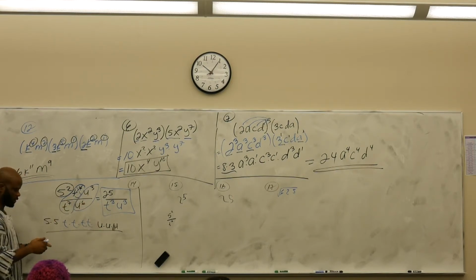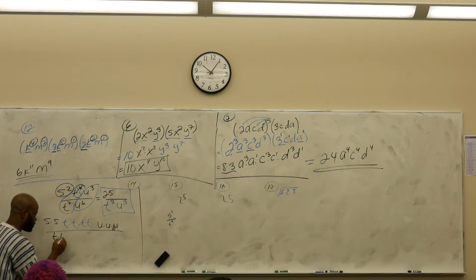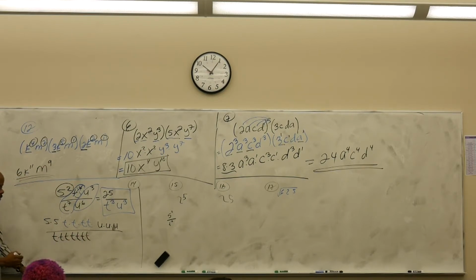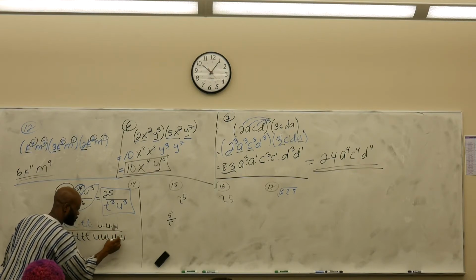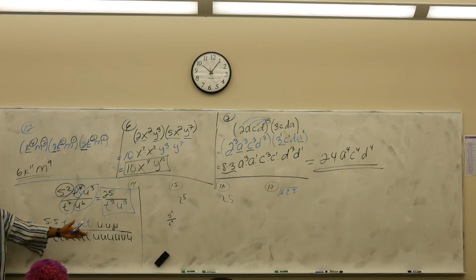From the top. And then the T's at the bottom is what? 7 of them: 1, 2, 3, 4, 5, 6, 7. And then 6 U's: 1, 2, 3.